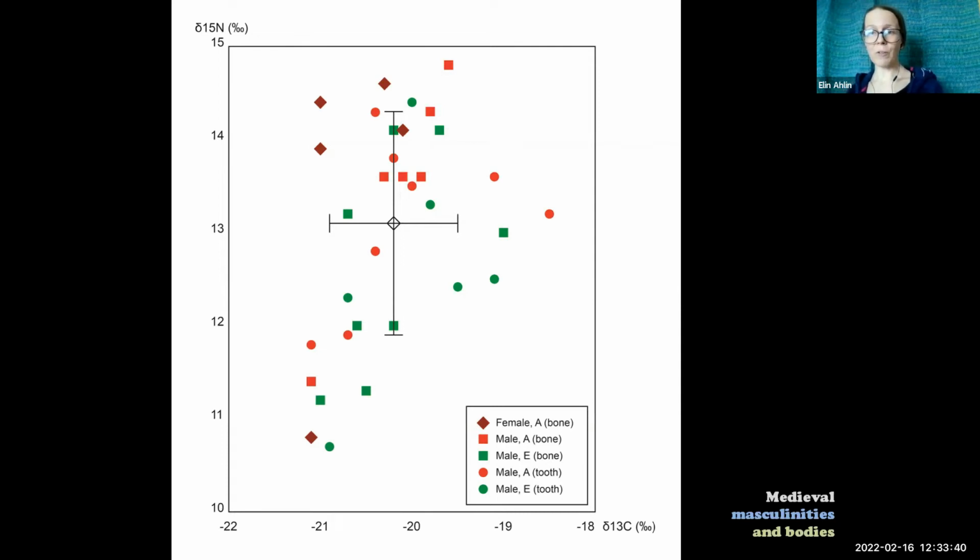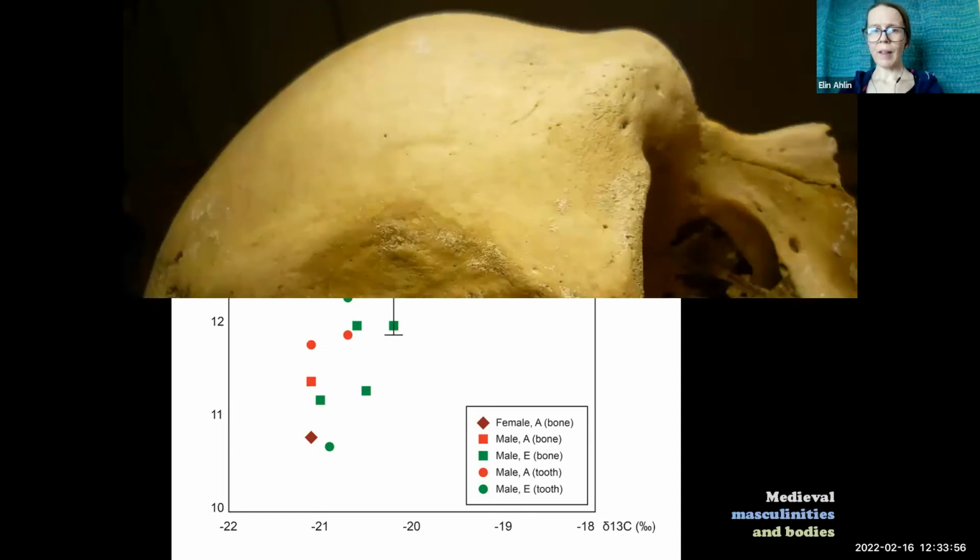So there's a lot of fish eating, both freshwater fish and marine fish becomes really popular in the medieval period. So it's not just this small sample, this is a general trend in the period.